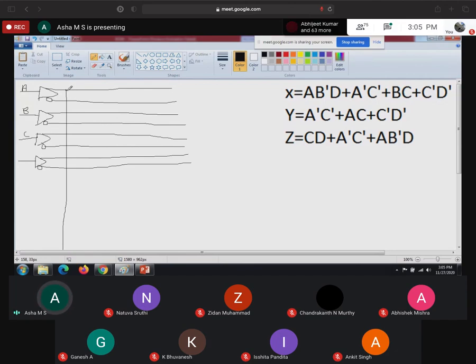So this vertical line gives me A. Here we have to make a connection.